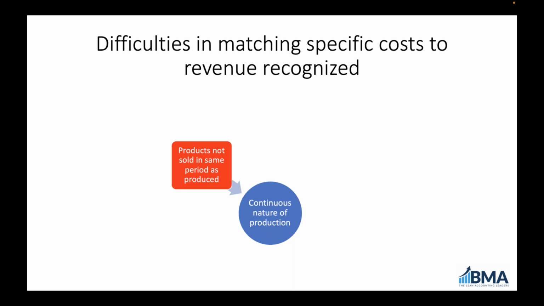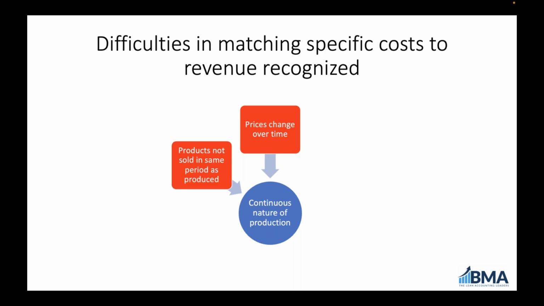So, absent a standard costing system, how do you determine what the actual costs are for those products that are sold? The other thing that GAAP recognizes is that prices change over time. Material prices change.